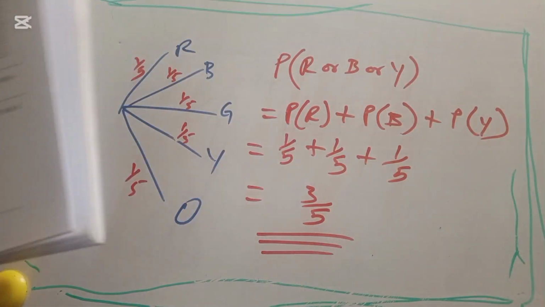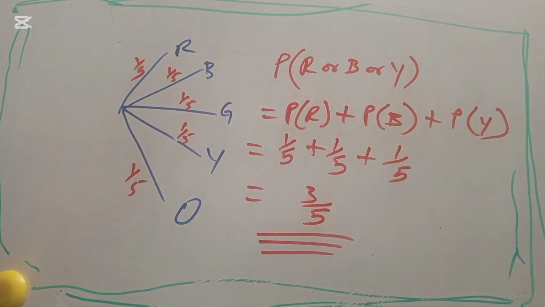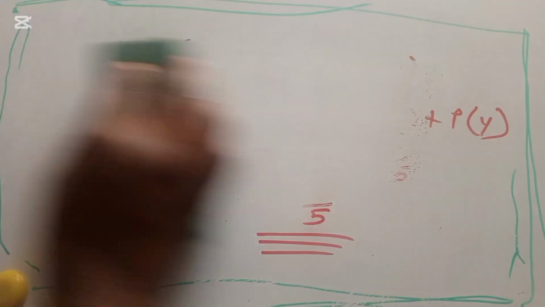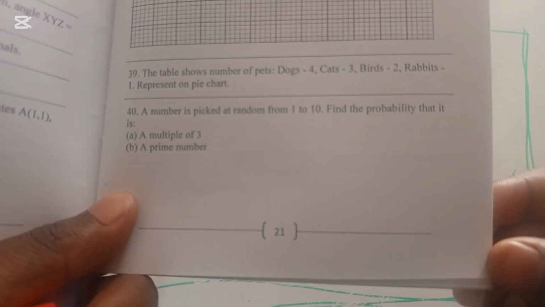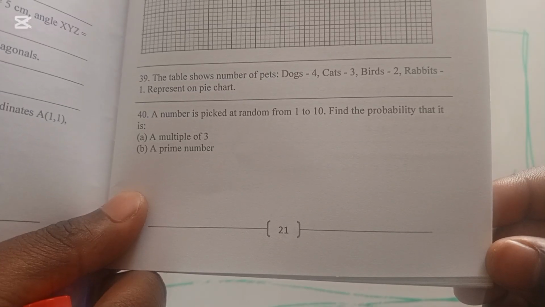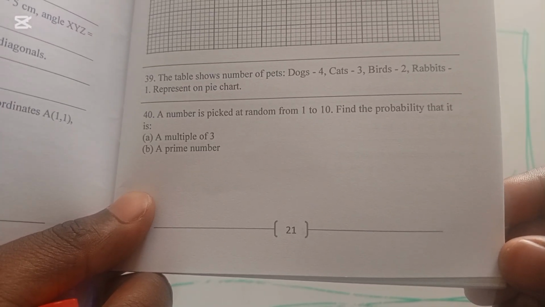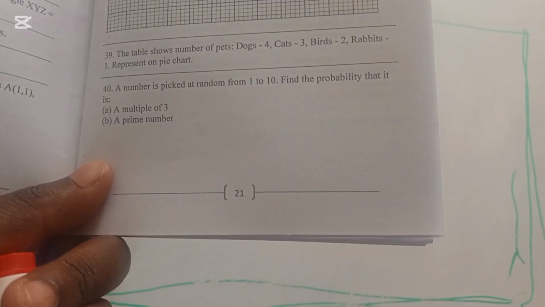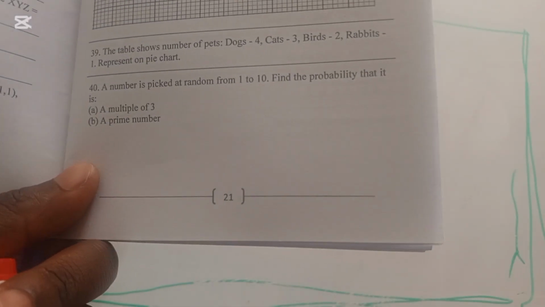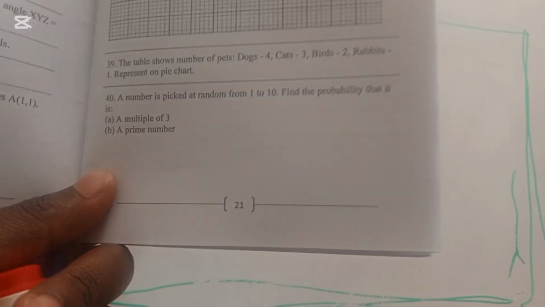We are told a number is picked at random from 1 to 10. Question 40A: find the probability that it is a multiple of 3, and B, a prime number.